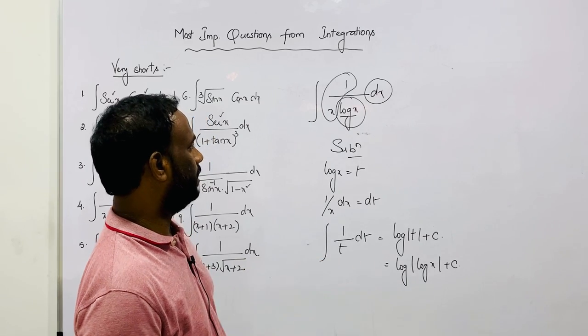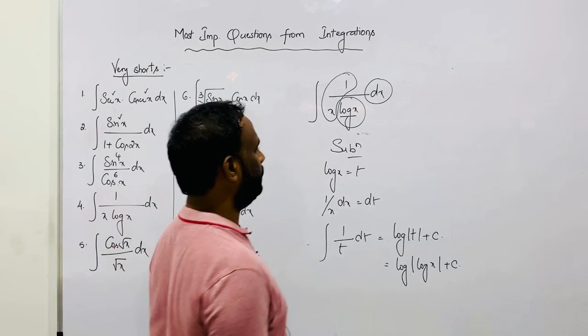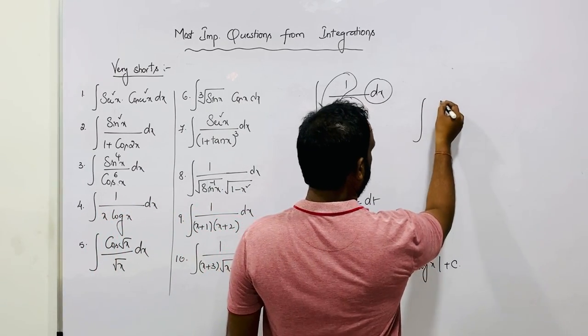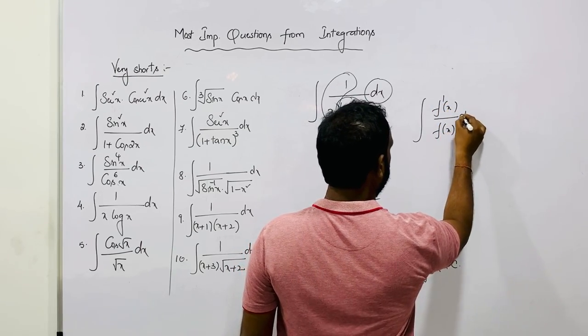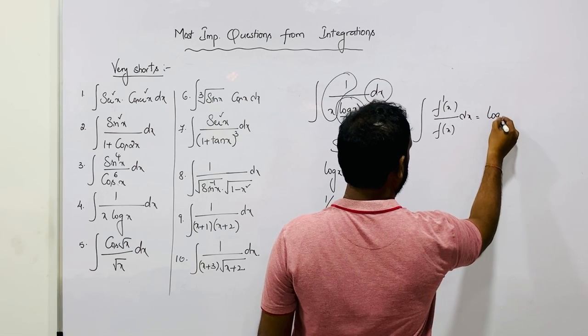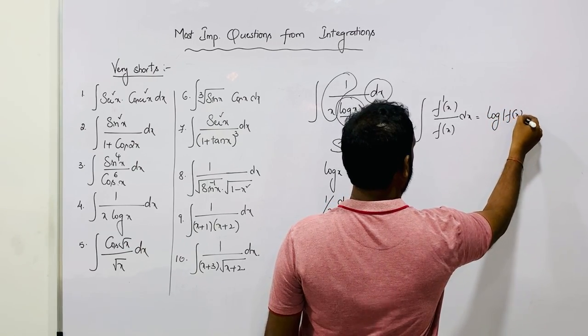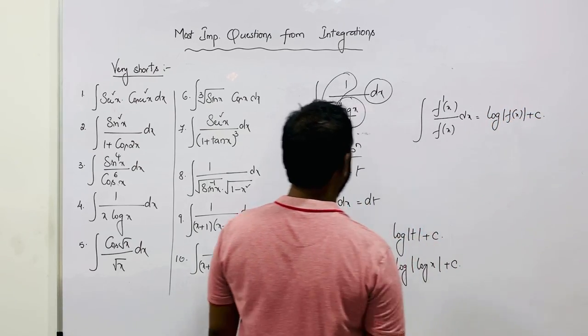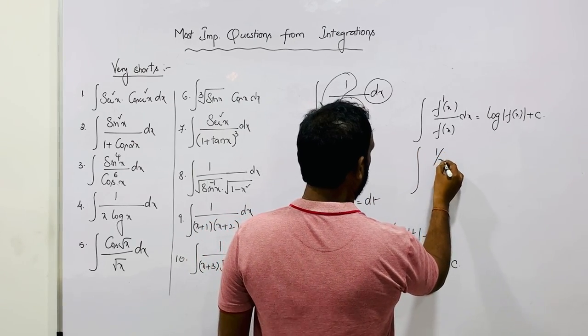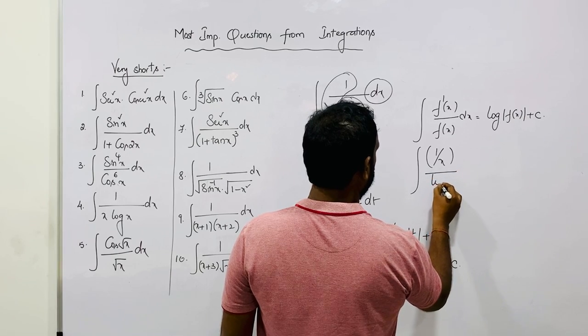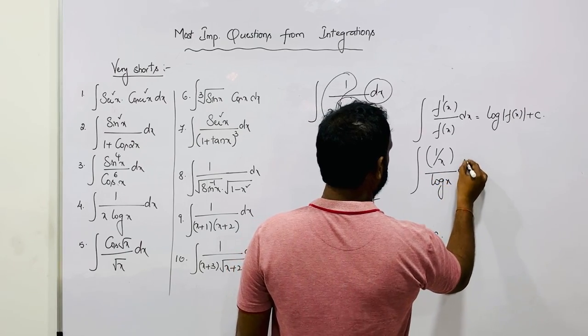Now this can also be done by the simple integral formula, that is integral of f dash x by f of x dx, which is nothing but log mod f of x plus c. Now here, if you write the given problem in this form, it is 1 by x divided by log x dx.